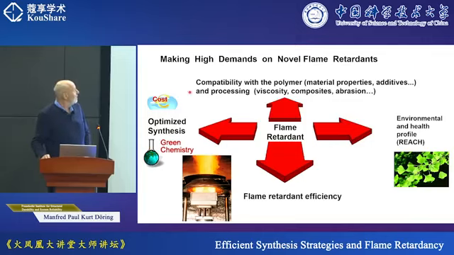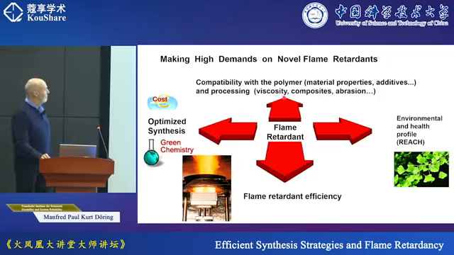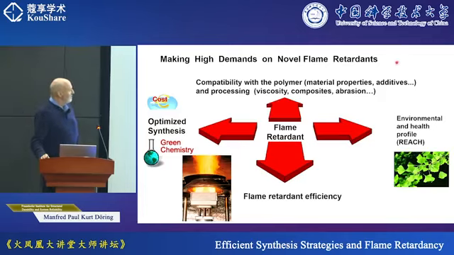On the other hand, the compatibility with the polymer, material properties and other additives, and as well the processing of that polymer is important. Then viscosity, composites, abrasion, we have to look after these properties in our polymer.